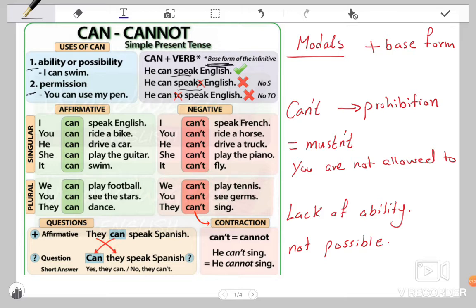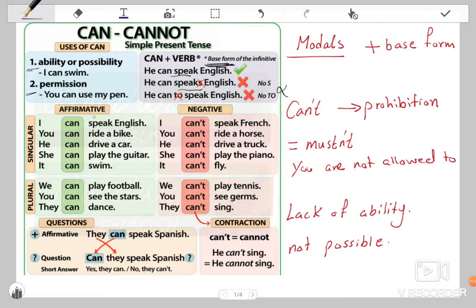So we don't have what? The S. It is base form. Or you cannot put what? The to before the main verb. You can't say he can to speak. No, this is wrong. Okay. So it should be can plus what? Plus the base form. Or can't plus the base form.